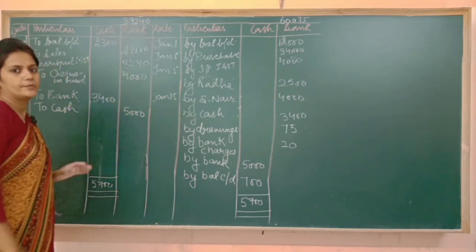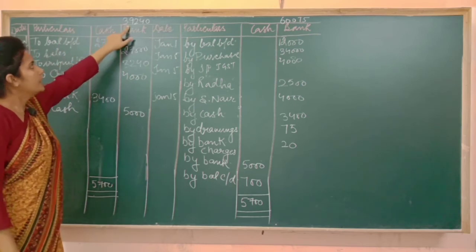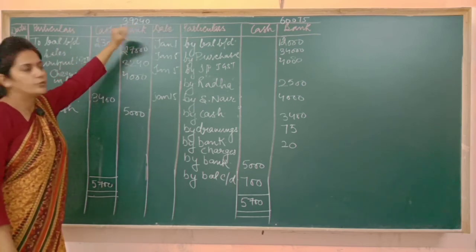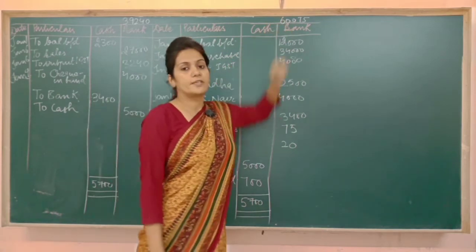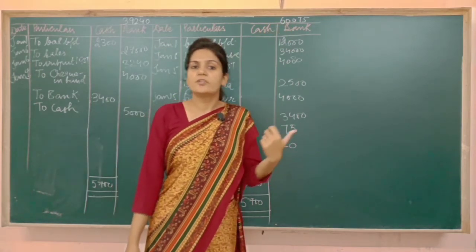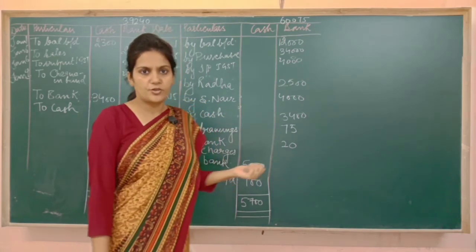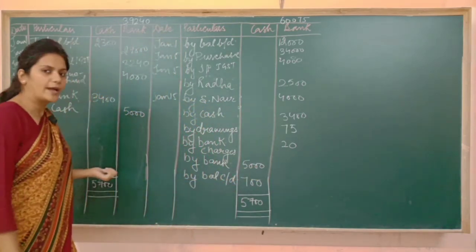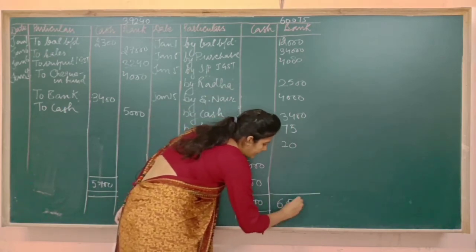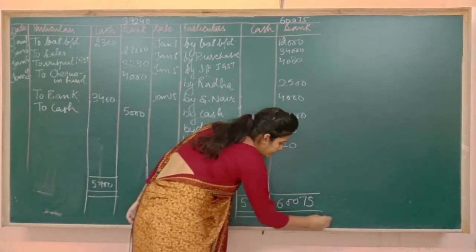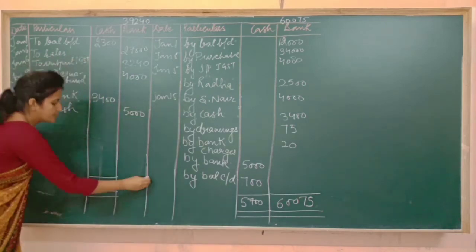इसका मतलब क्या है? इसका मीनिंग है कि आपके बैंक में कितना मनी था 39,240, बट आपने स्पेंड कितना कर दिया 60,075. It means bank has given you the liberty to withdraw something extra, and that something extra is bank overdraft. So first of all, write the total of the side which is greater. Here credit side is greater.